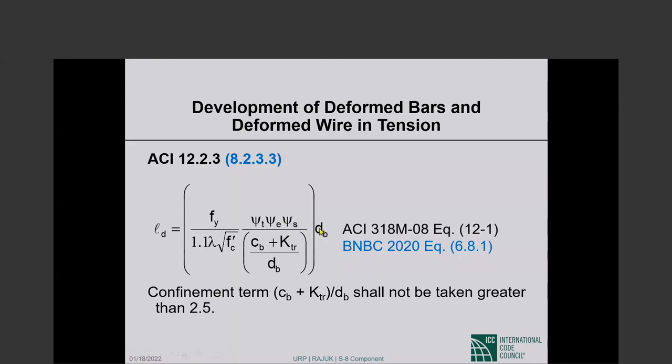And then there is a term that deals with transverse reinforcement, confining reinforcement. The development length may be confined by transverse reinforcement, and that's what this term is about. This confinement term, c sub b plus K sub tr divided by d sub b, shall not be taken any greater than 2.5. So when you calculate it, if it comes out larger than 2.5, you will take it equal to 2.5.